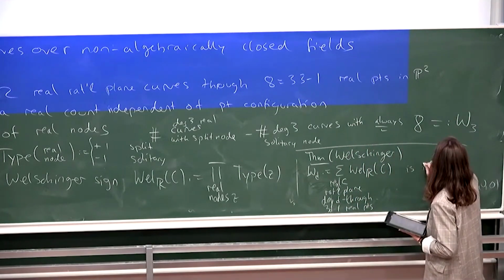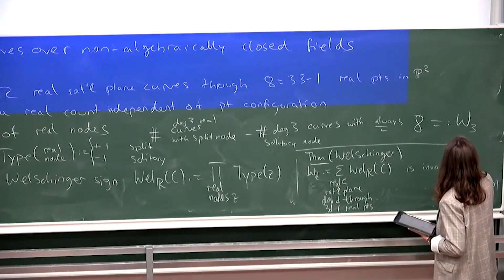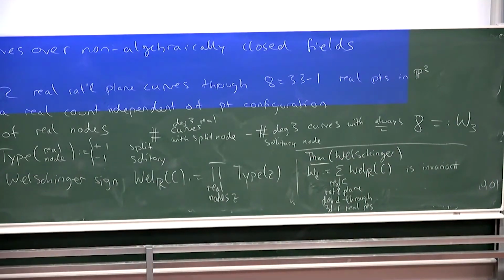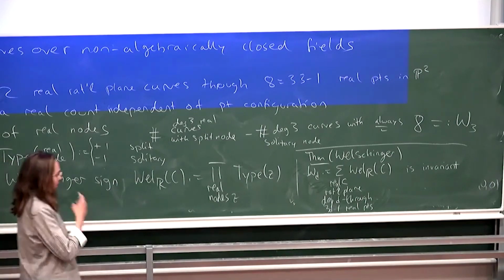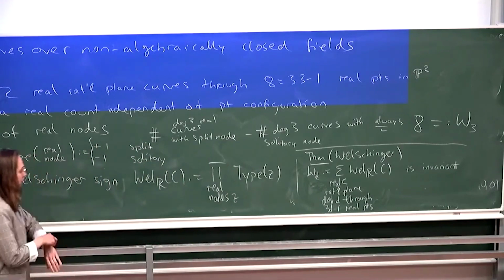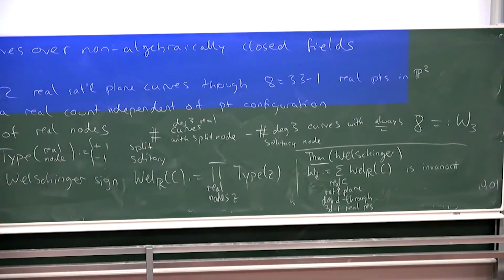It is invariant, so I mean independent of the choice of points. And actually, there's also a correspondence theorem for this count. So there's also a tropical count, a real tropical count, and I don't have any space. But maybe this comes later.